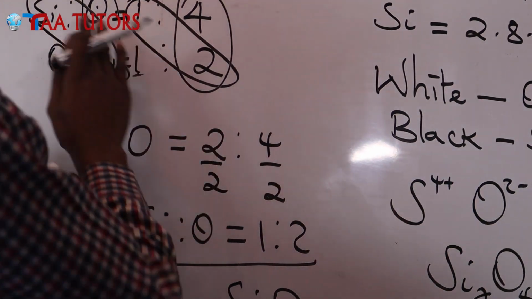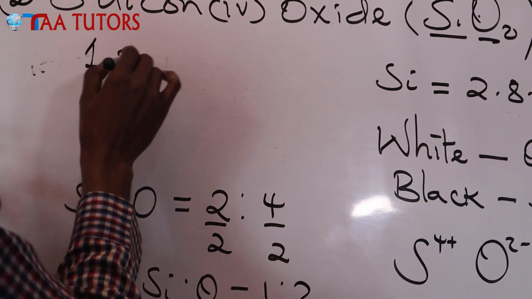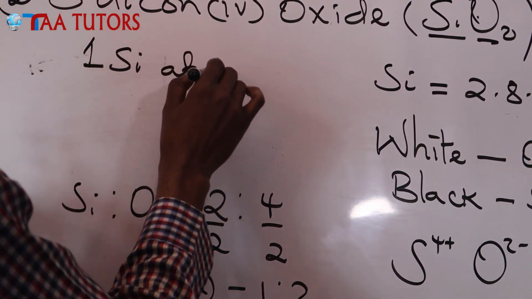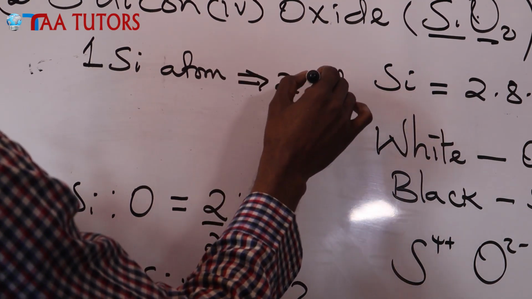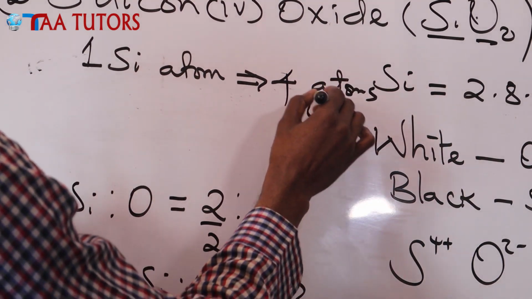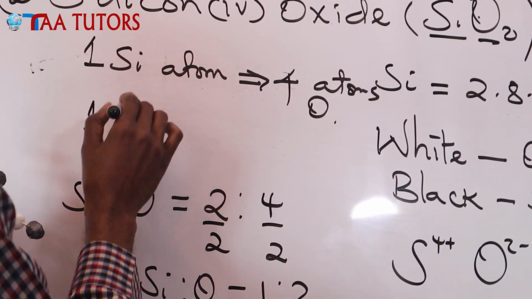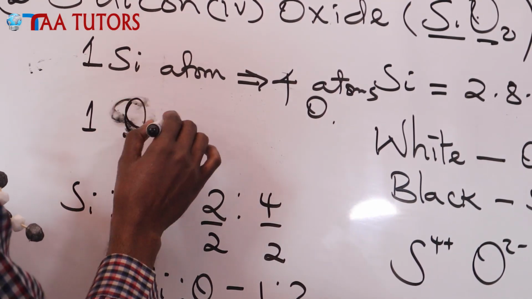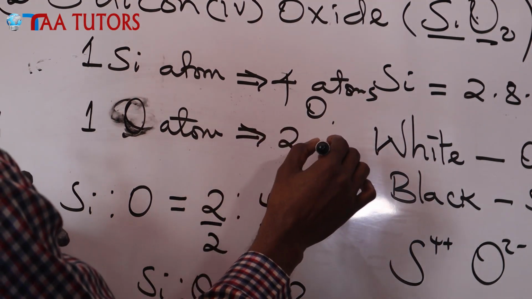As I've said, every one silicon atom has 4 atoms of oxygen. But if you look at 1 atom of oxygen, you realize it carries 2 atoms of silicon.